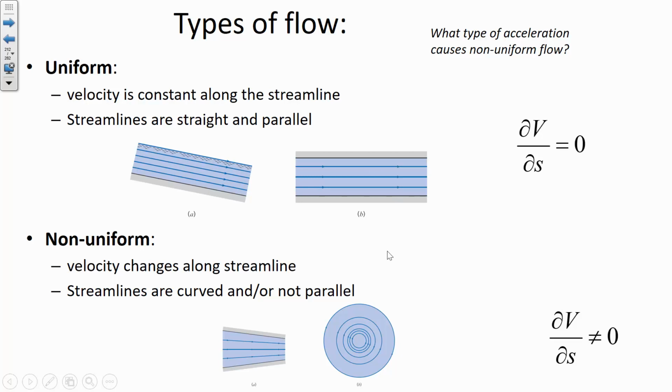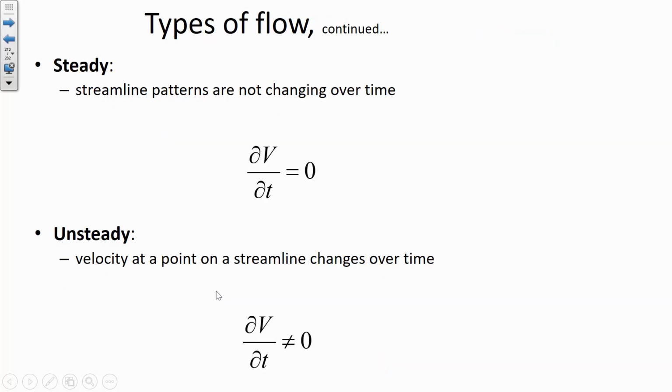And in open channels, we'll very often have non-uniform flow. It's only in an engineered channel that we'll see uniform flow. But in nature, if we're talking about a creek or a river, it's going to be non-uniform because those types of channels are pretty irregular. Another way that we broke the flow up into categories was steady versus unsteady.